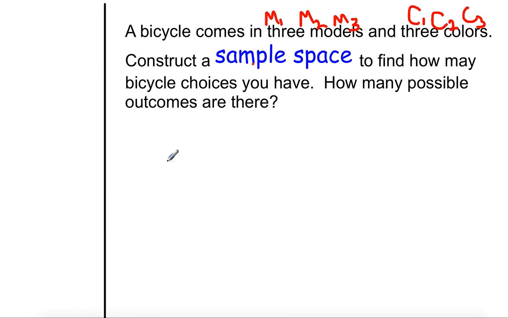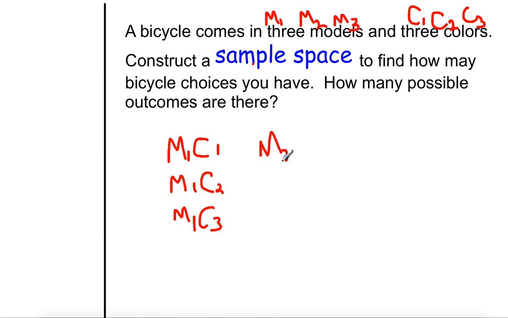All right, so let's take a look. You need to have them listed out. So model 1 would go with color 1. Model 1 with color 2. Model 1 with color 3. So now we'd have to go model 2 with color 1, model 2 with color 2, model 2 with color 3.